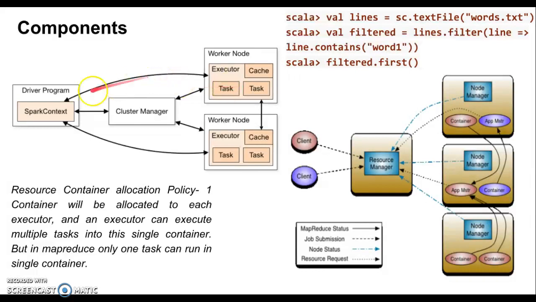Spark context, which is a client in this case, connects to the cluster manager, which allocates resources across the application. Right. So since Spark context is a client, it sends the application and asks the resource manager to allocate the resources for its application. So here the cluster manager, which is nothing but YARN, will allocate one application master for the driver program, because in Spark the driver program is considered a single application.